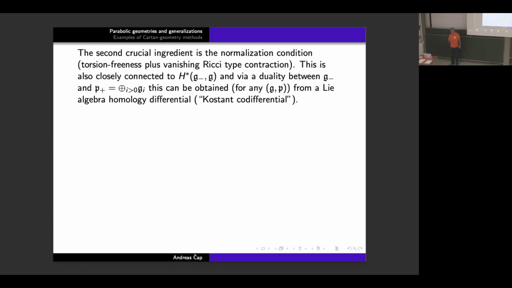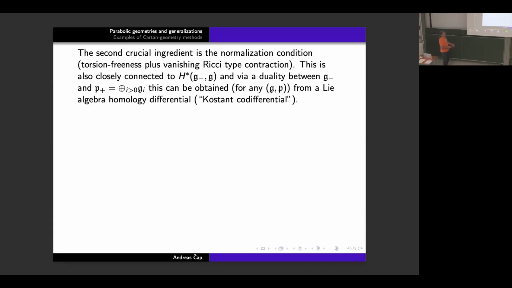So somehow this cohomology or the Lie algebra differential that shows up here shows up if you try to compute the change of curvature of a Cartan connection from the change of the connection. So Cartan connections form an affine space, and if you change your mind about the connection, you can check how the curvature changes. And this naturally brings up such a Lie algebra cohomology differential.